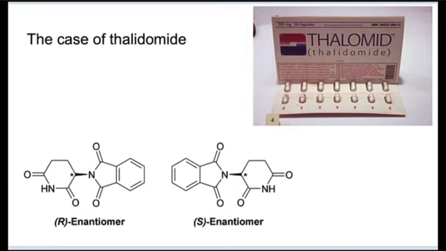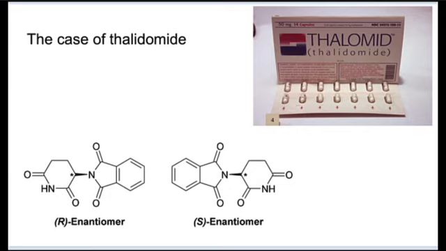Here is a real-life example of how chirality has affected our world. This is a tragic example. You may have heard of the drug thalidomide, which was used in early pregnancy in the 1950s for women who suffered from morning sickness. This is the chemical structure of the drug.